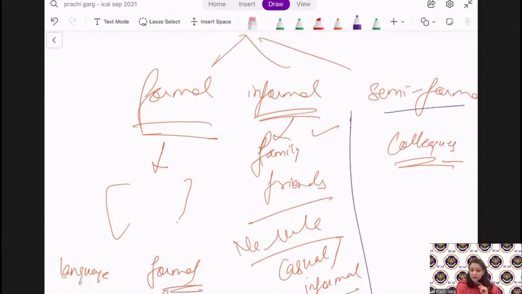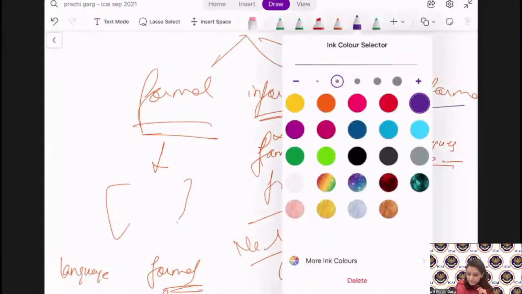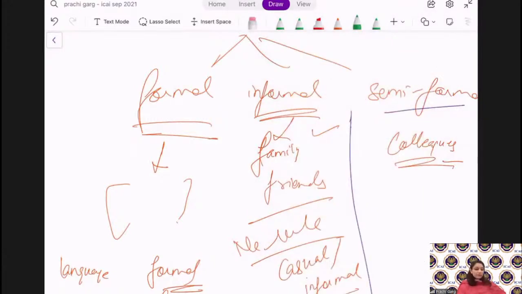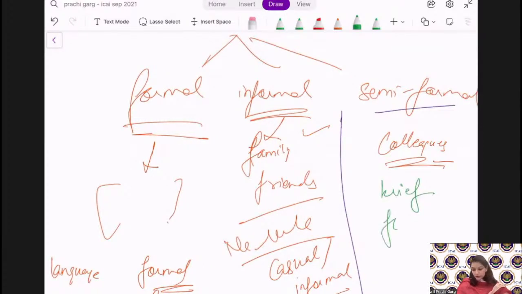Now let's come to semi-formal writing. Now in semi-formal, of course you have to keep the emails brief. The language should be formal. Now I told you that semi-formal is when you share a formal relationship but a little informal also. So that becomes semi-formal, but the language has to be formal.